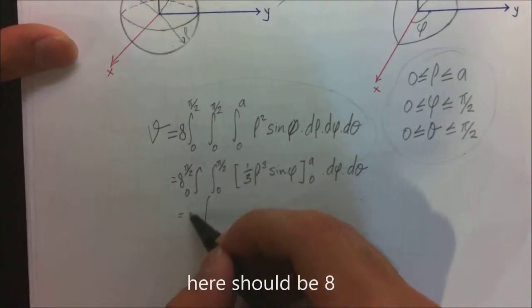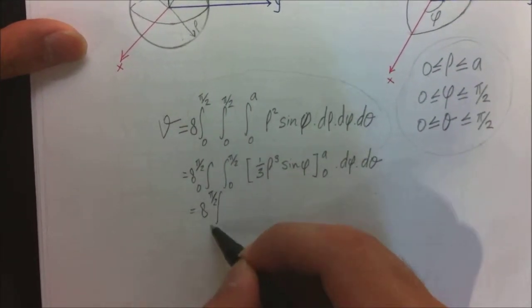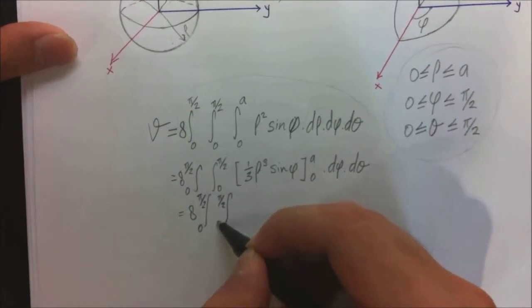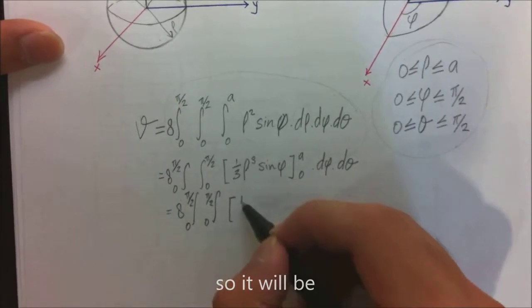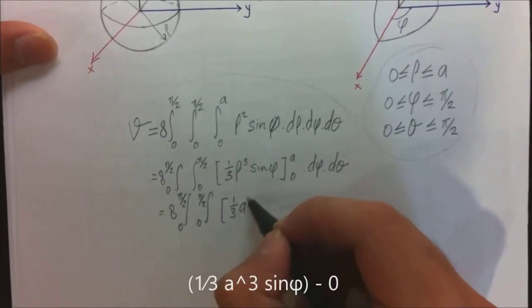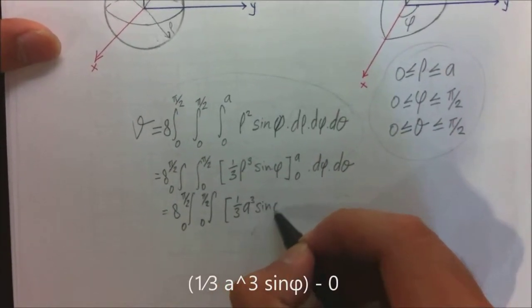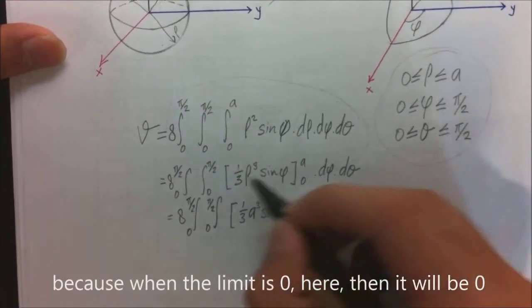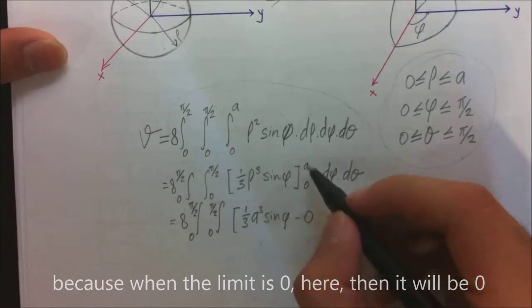Sorry, the 8 now. So it'll be 1/3 A to the power of 3 sin phi minus 0, because when the limit is 0 here, it'll be 0.